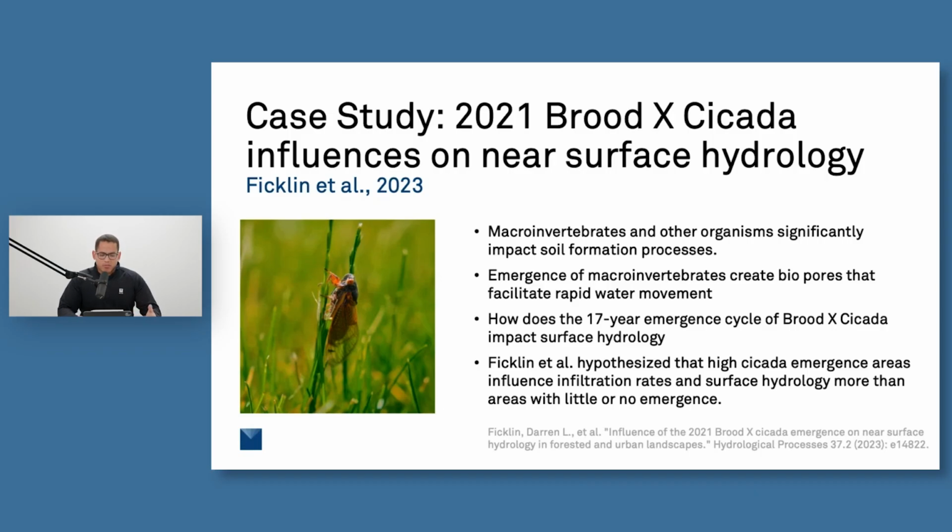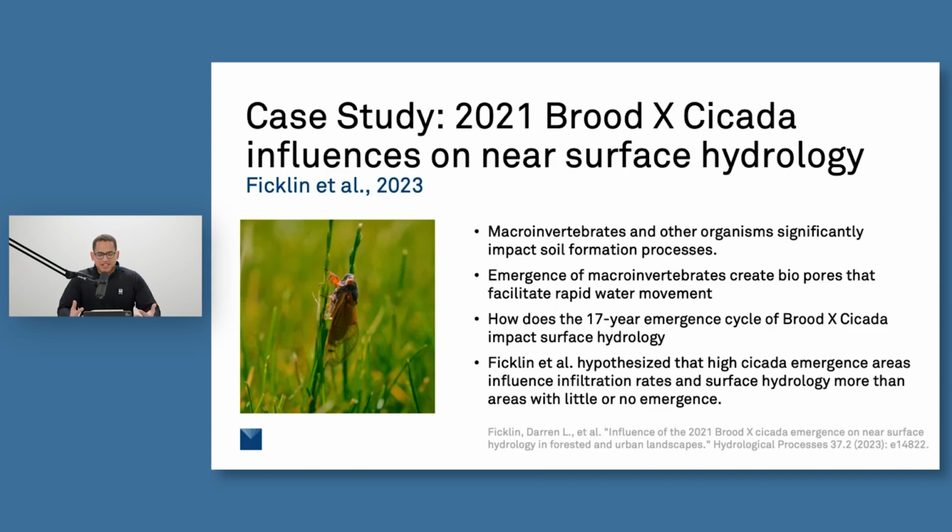And when you think about it, the emergence of macroinvertebrates is an interesting interaction to understand, because these biopores go straight to the surface. And so what that means is they provide a conduit for rapid movement of water. And this is somewhat similar to the impact that earthworms have on soil hydraulic properties. We know that they can have a pretty significant impact on how water infiltrates and what hydraulic conductivity looks like in the field.